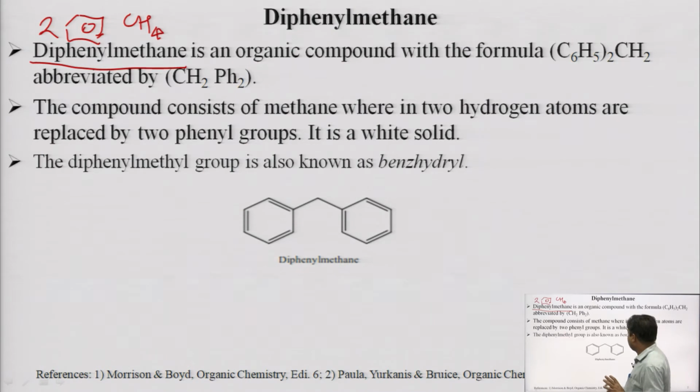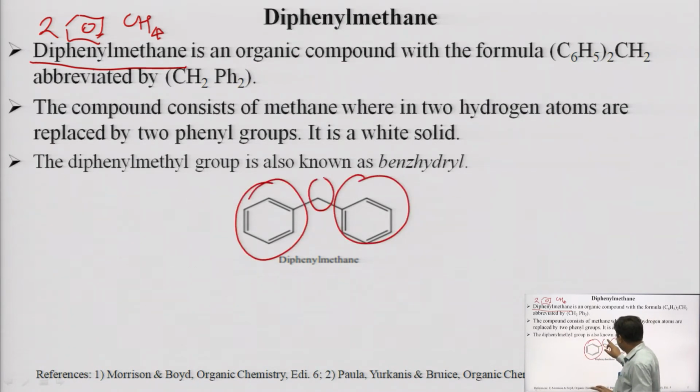As you can see in the structure, two benzene rings are there and one carbon which bridges the two benzene rings. Two valencies of the carbon are fulfilled by the benzene rings and the two remaining valencies are fulfilled by hydrogen. So diphenylmethane has two benzene rings bridged by a CH2.